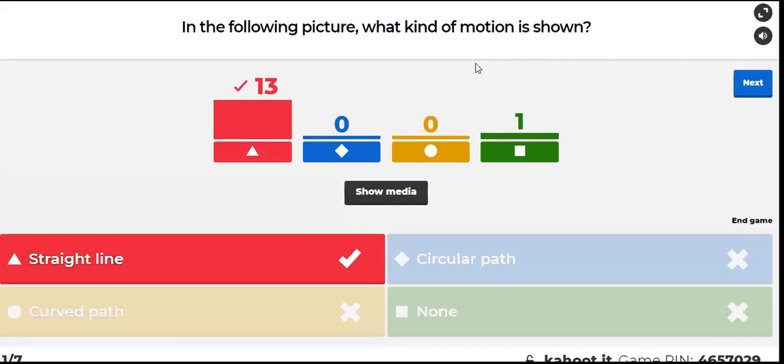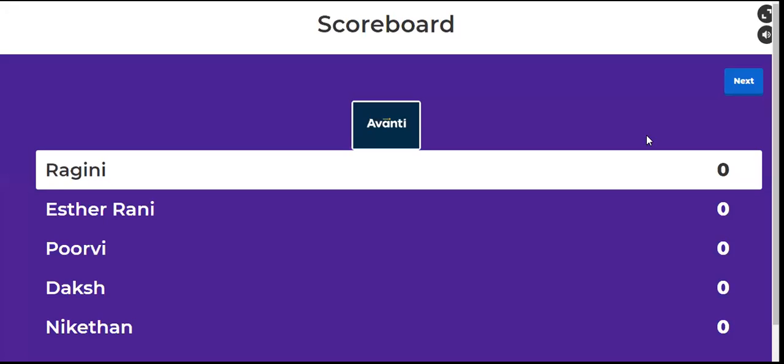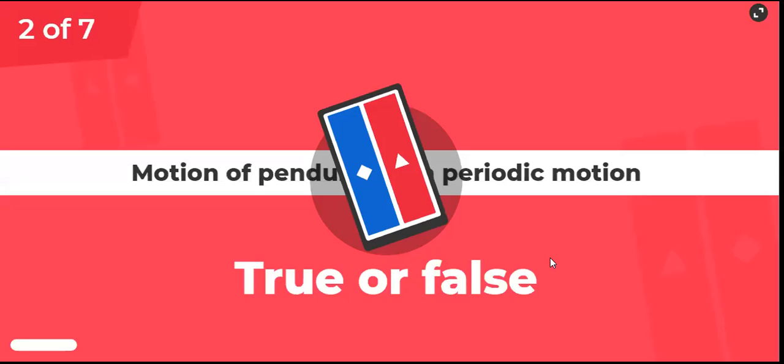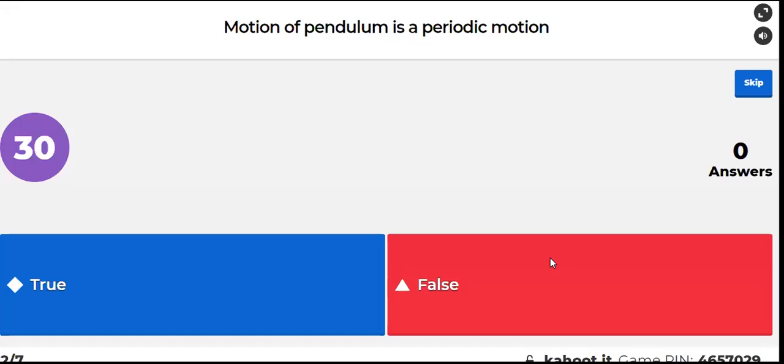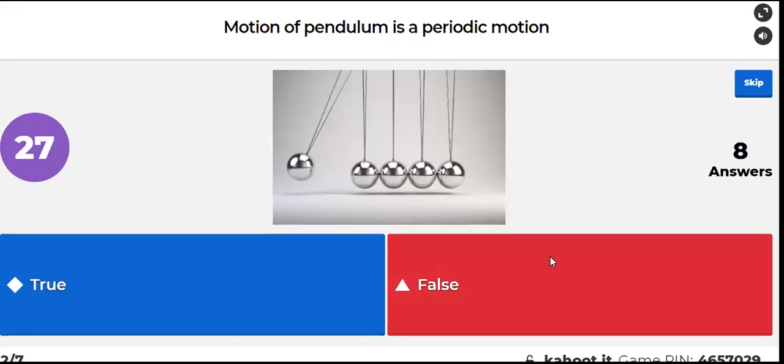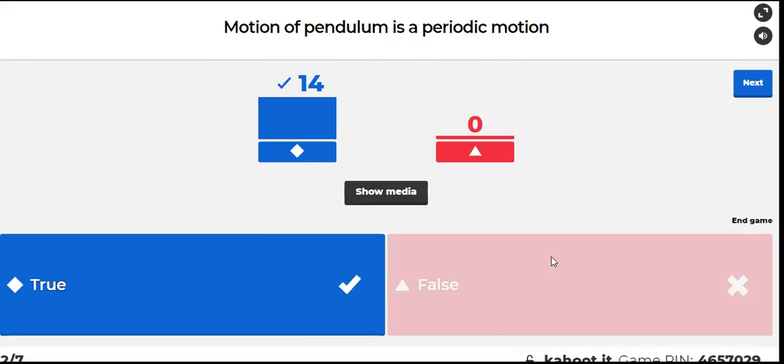Straight line, right? Very good. Most of you gave the right answer. Very good. Next. Very good, Vishka. True, correct.